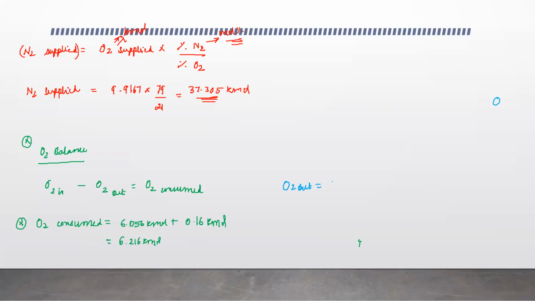Oxygen out is equal to oxygen in minus oxygen consumed, right? So oxygen in is whatever has been supplied, that is 9.9167 kilomoles, minus whatever has been consumed, 6.216 kilomoles, right? So this altogether is going to be 3.7007 kilomoles. All right. So this is oxygen out.